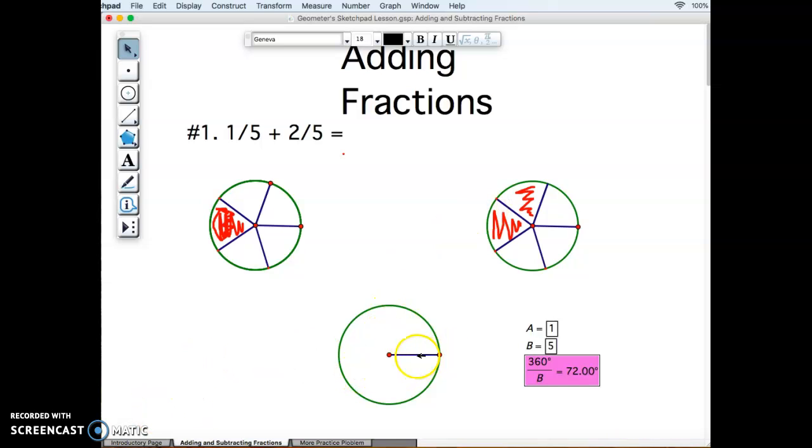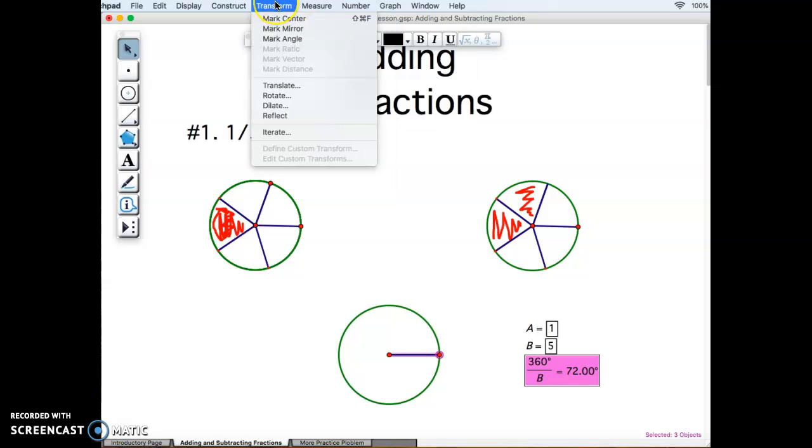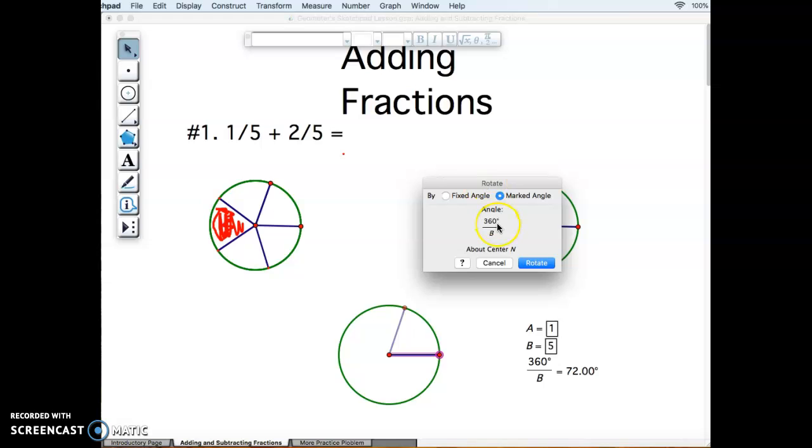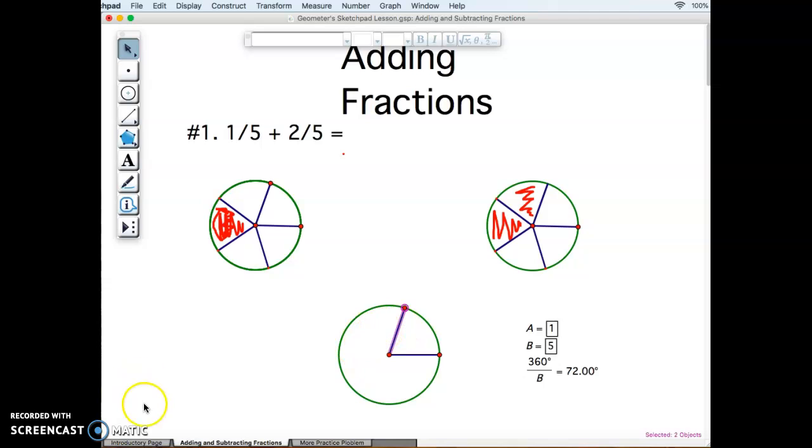And then what I'm going to do is take this section here and this outer point here. I'm going to go to Transform and Rotate. And here we're going to make sure that this marked angle right here has 360 degrees over B. And then I'm just going to press rotate.